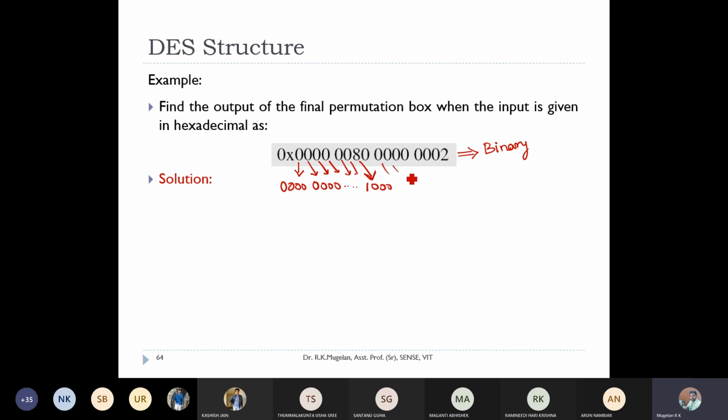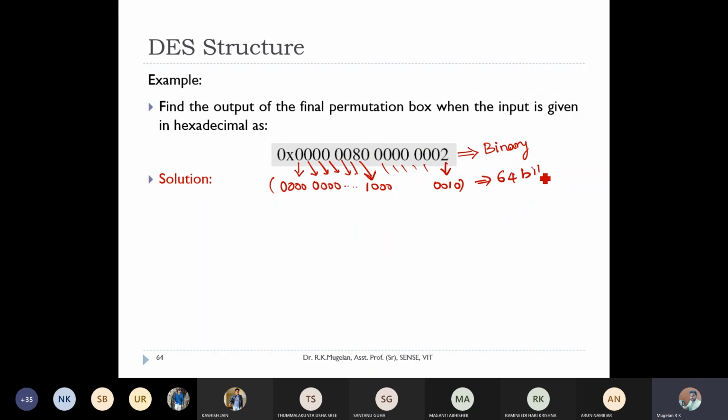And again, the zeros will follow here. At last, this 2. The 4-bit binary equivalent for 2 is 0010. So if you expand everything, totally you'll be getting 64 bits.